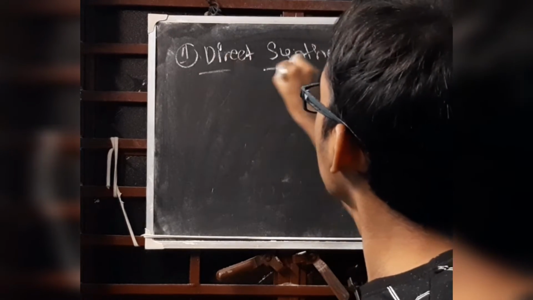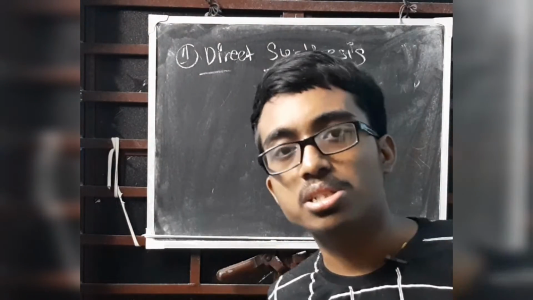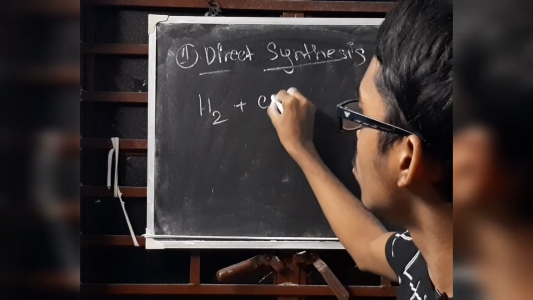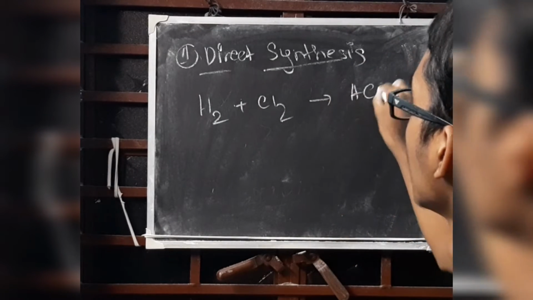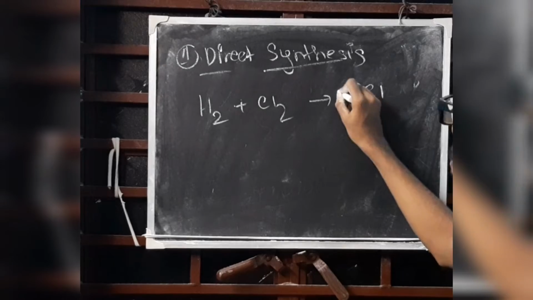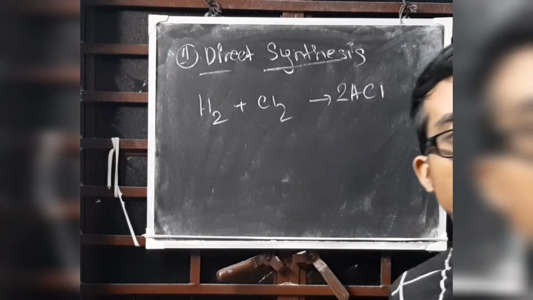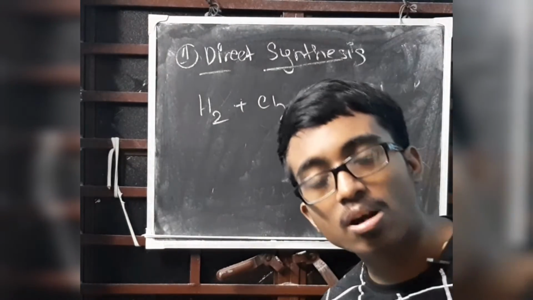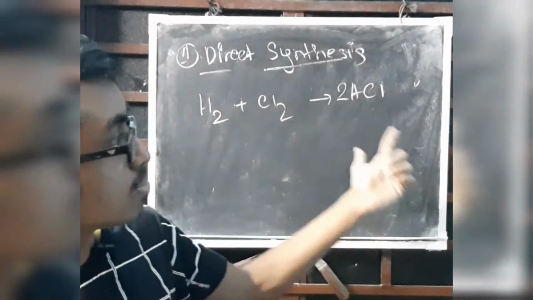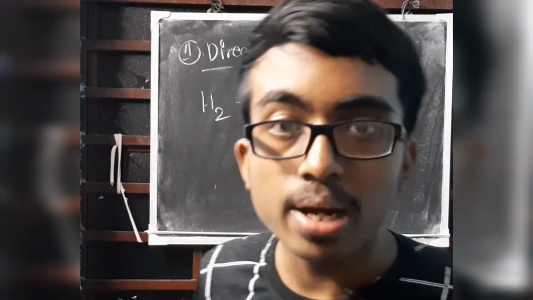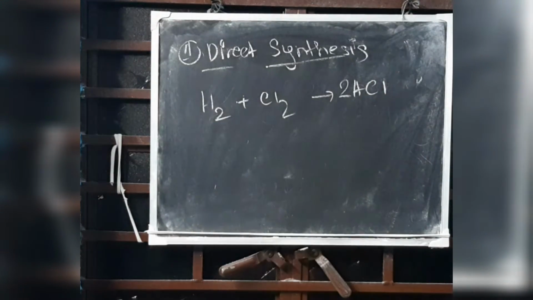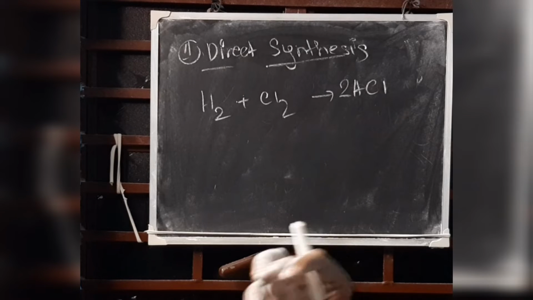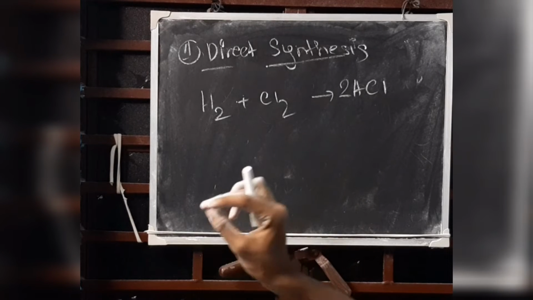You directly take 2 elements and combine them, like H2 plus Cl2. Both combine to form HCl. Well and good. This is direct synthesis. What type of acid? Binary acid, because 2 elements are there. Only binary acids can be prepared by this method. Any other acids will not be prepared.